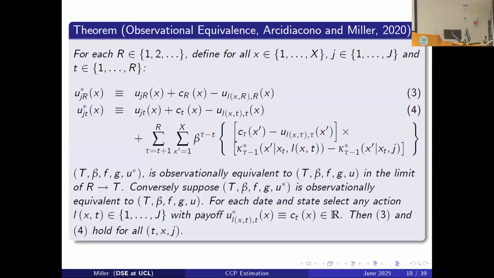Well, basically, we get a kind of observational equivalence theorem, and the easiest way to see this is just to fix R equal to T. Let's not worry about the convergence aspects of this for now. Suppose we fix T and we define this U star that way, where we start out with the real utility, and then we add in our correction factor, and then we subtract off the real utility associated with this normalization.